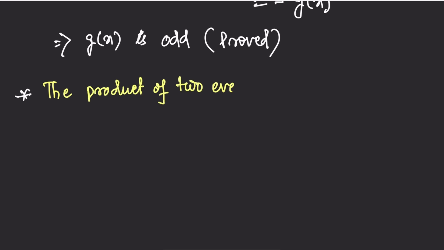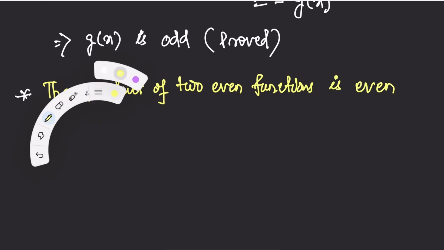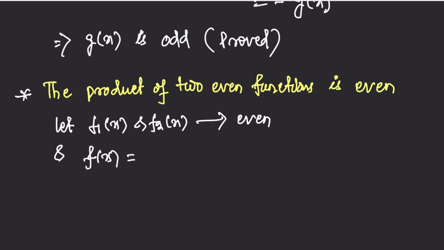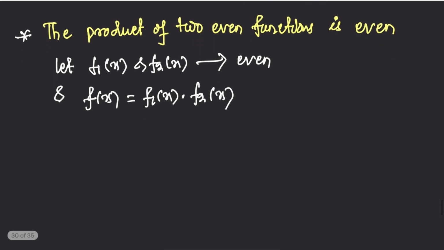The product of two even functions is even. Let's prove it. Let f1x and f2x be two even functions, and f of x is defined as the product of f1x and f2x. Now replace x by minus x.